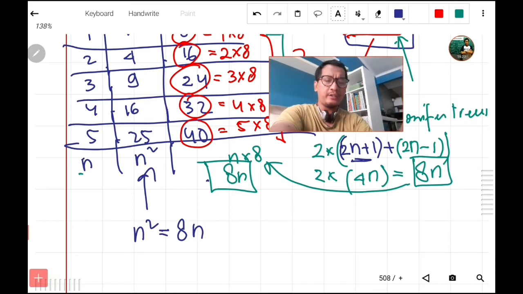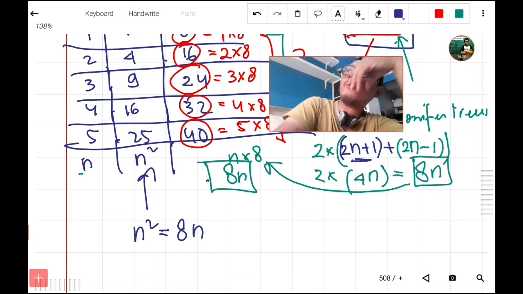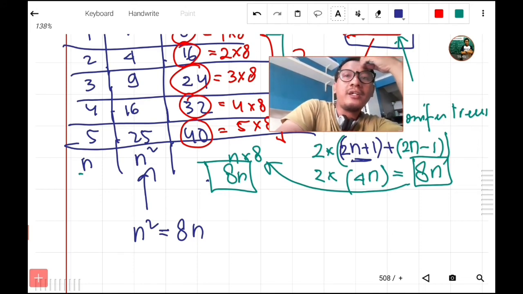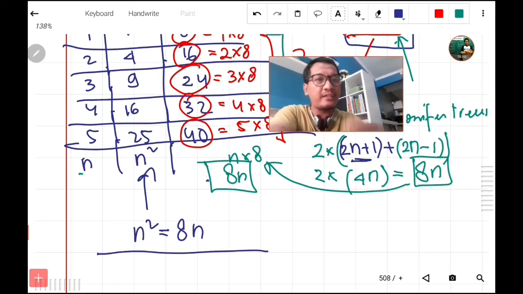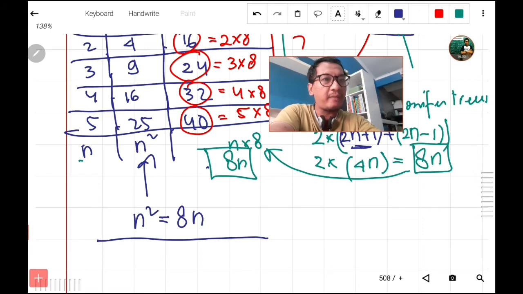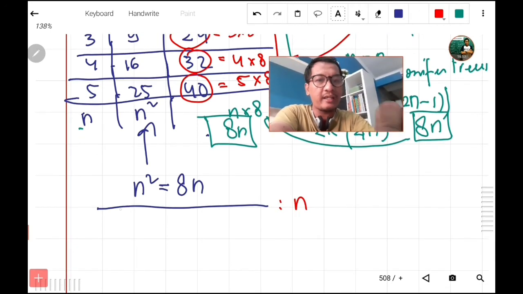Because n is not 0, we can divide both sides by n and we get n is equal to 8.